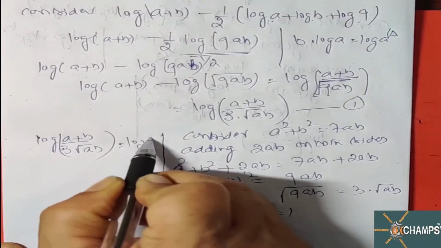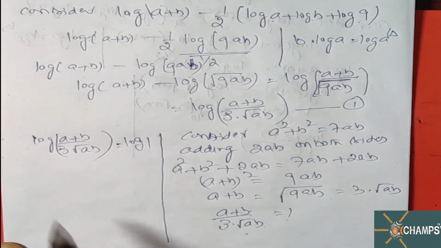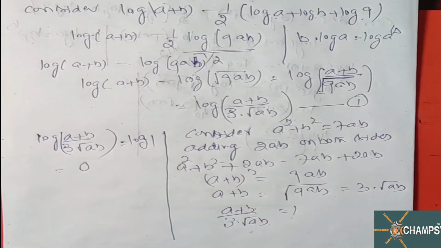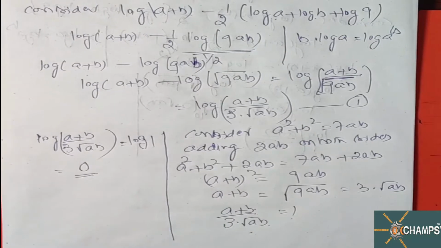Now this is equal to log 1, since a plus b divided by 3 root ab can be written as 1. Log 1 of any base is 0. So what is the answer to this question? 0.